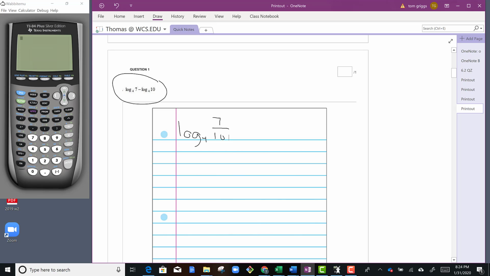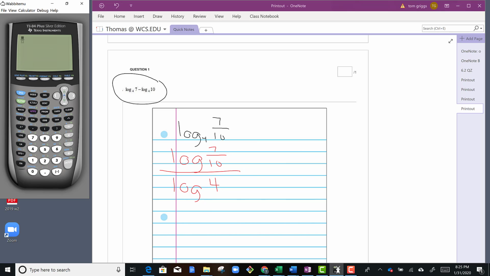And remember, change of base formula, we're going to use log base 10 to do this, but we're going to take log of 7/10 and divide it by log 4. Both of these, again, are base 10, so we can just simply put this in the calculator.